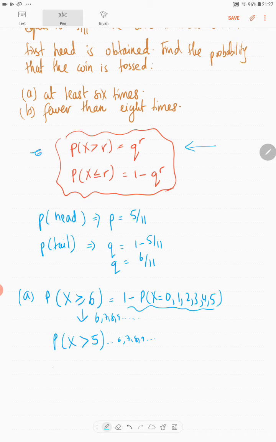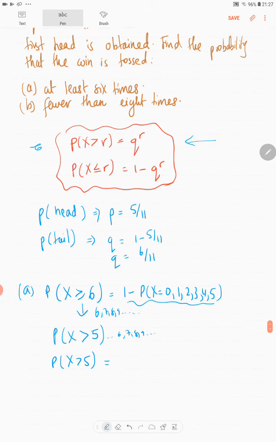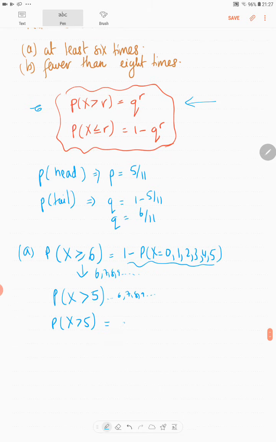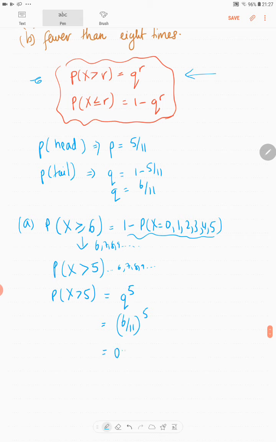So probability X greater than 5 can be obtained directly. It is q power 5. So in this example, q is 6 over 11, then power 5. So we obtain 0.0483.